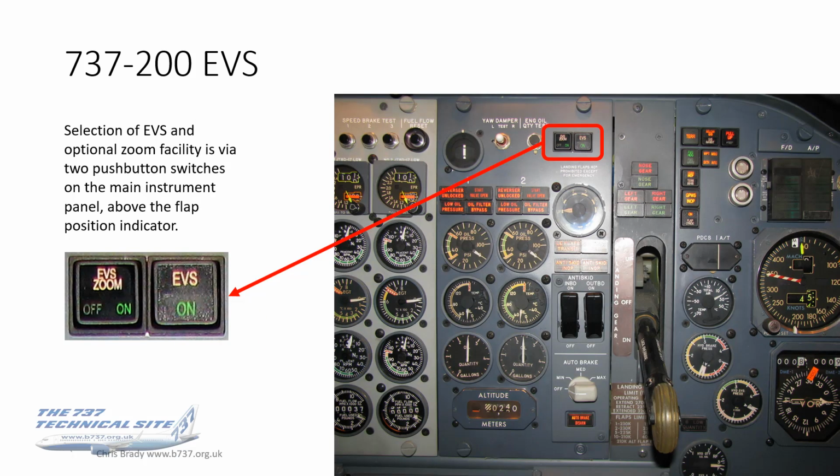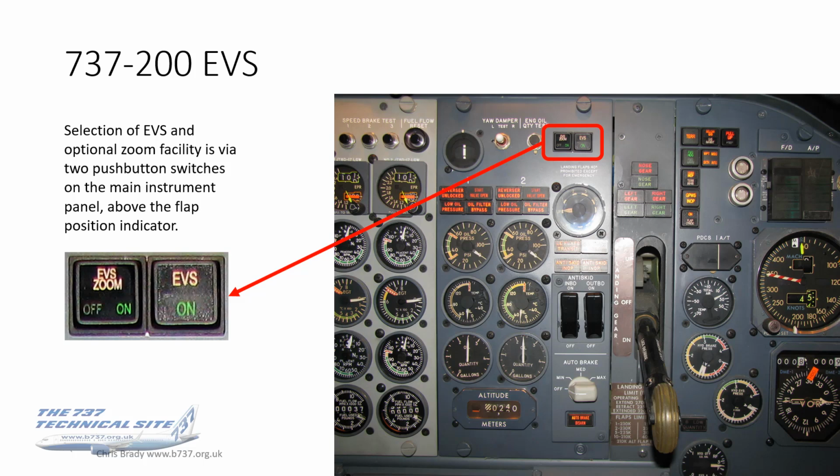Just to prove it was on a 200. There you go, that's definitely a 200. It's got EPA gauges and everything, and you can see those two buttons there, which show EVS on and off on the right and EVS zoom on the left.